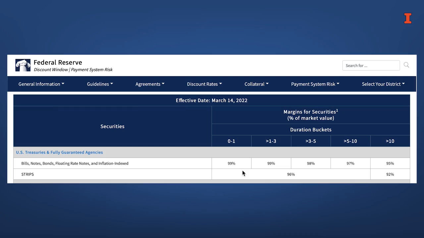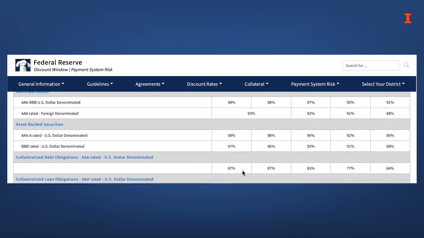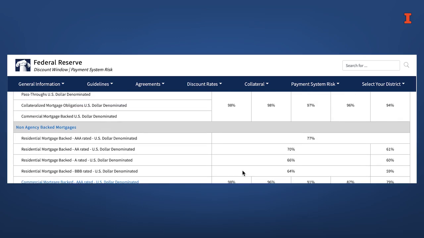A bank can borrow 99 cents on the dollar. In contrast, a loan for commercial real estate with a remaining maturity of 1 year is still rather risky. Banks can only borrow between 35% and 95% of the value of the loan.